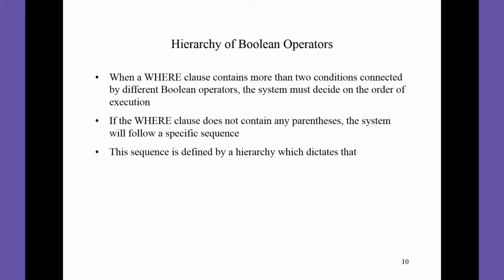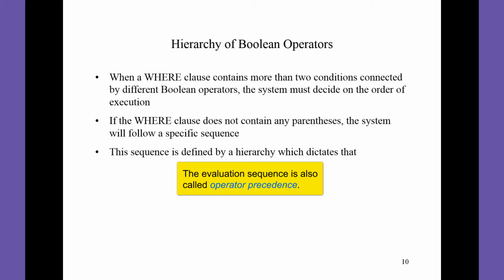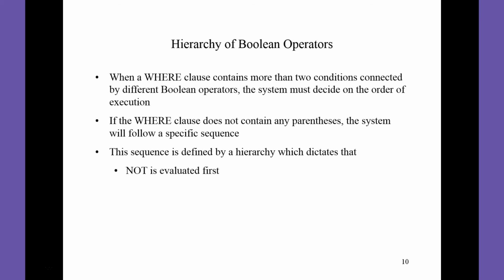If the where clause does not contain any parentheses, the system will follow a specific sequence. We refer to this as the hierarchy of the operators, or operator precedence. Not will be evaluated first, and is evaluated next, and finally, or will be evaluated.